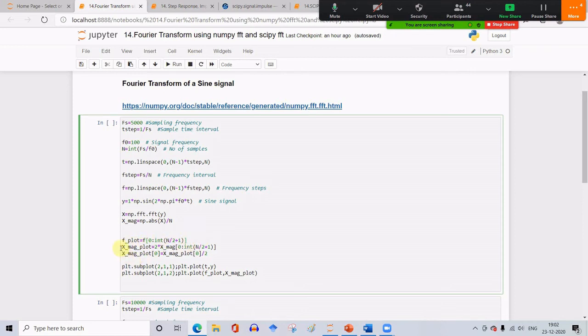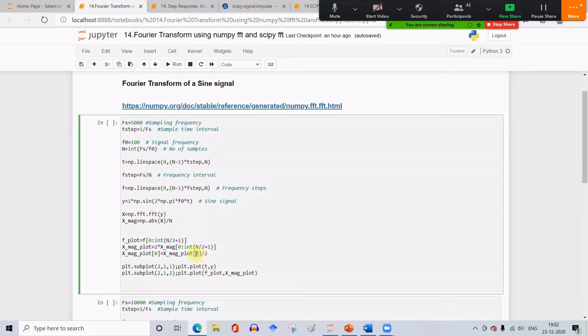And then the magnitude, I have to adjust it. So x underscore magnitude for plotting purpose is 2 times x underscore mag from 0 to half of the frequency. Okay. And if you want the magnitude to represent the true value of the signal, then you just have to divide the first, see, this x will have both magnitude and phase angle.